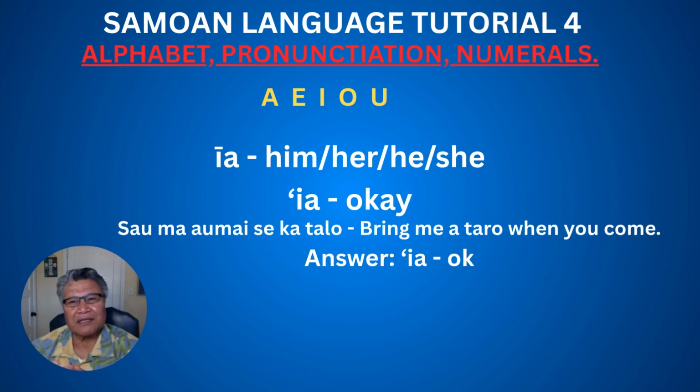Let's put the apostrophe before the I. Then the word becomes 'Ia, meaning okay. So you tell somebody, yeah, sau mai ma se kalo. Yeah, bring a towel when you come. And the person will say, 'Ia, meaning okay.